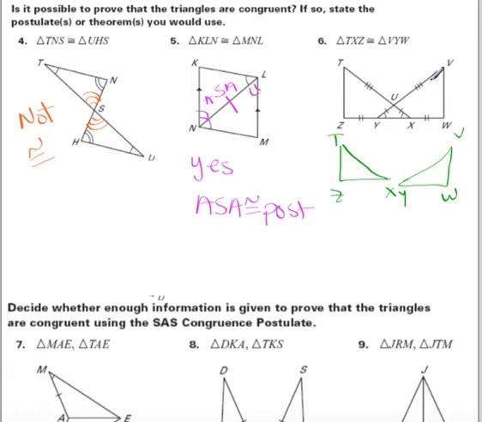And so this piece from Y to V has little 1 marking and a 3 marking, which matches from T to X that has 1 marking and 3 markings. So those sides are congruent.